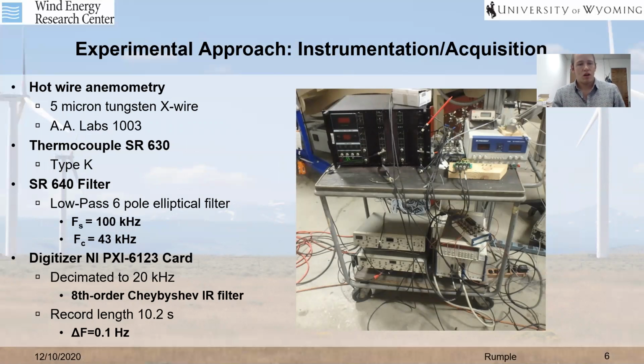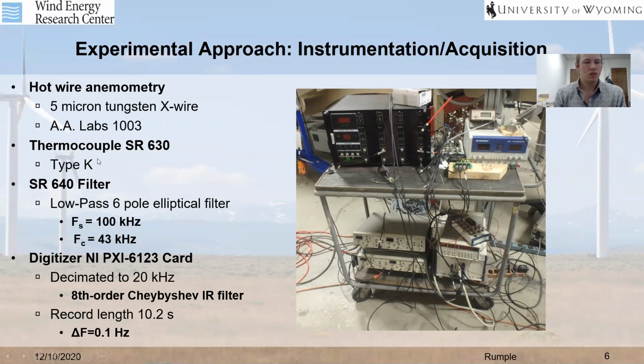And so the specific hot wire that I chose to use was an X wire with a 5-micron tungsten wire. It was controlled by an AA Labs 1003 chassis. The temperature of the flow needed to be measured to correct for thermal drift for hot wires. I did that with a Type K thermocouple.